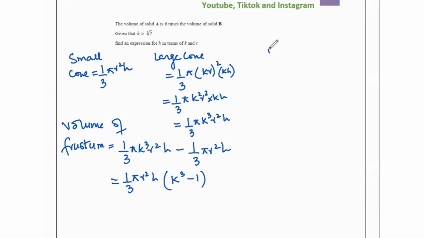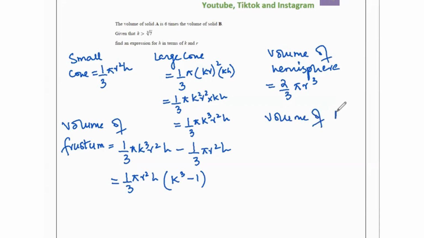Now for the volume of the hemisphere, we do 2 over 3 pi r cube. So the volume of A is going to be 1 over 3 pi r square h times k cube minus 1, plus 2 over 3 pi r cube.